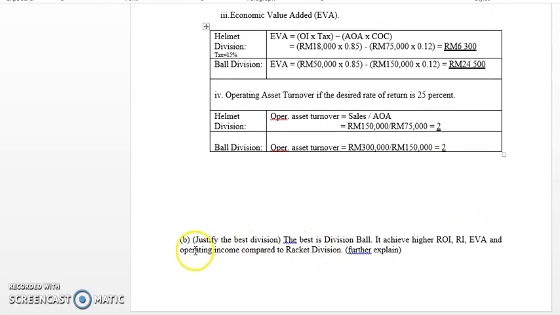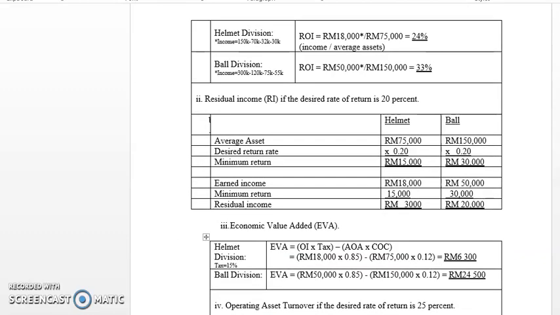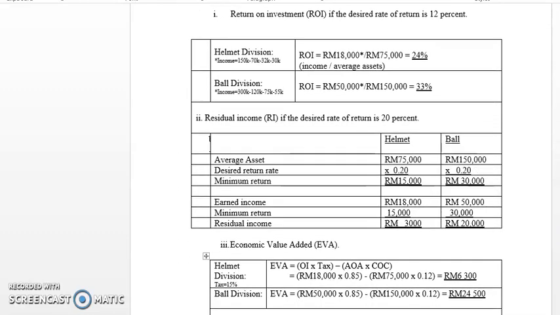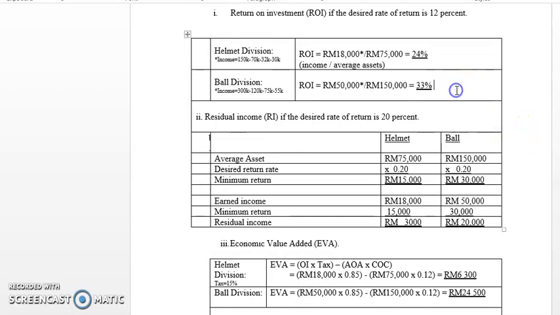So justify the best division. From the calculations just now, we saw that the ball division's ROI is higher than the helmet division's. Same with the residual income, the ball division is higher than the helmet division.